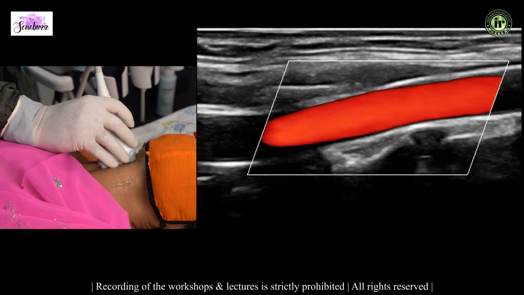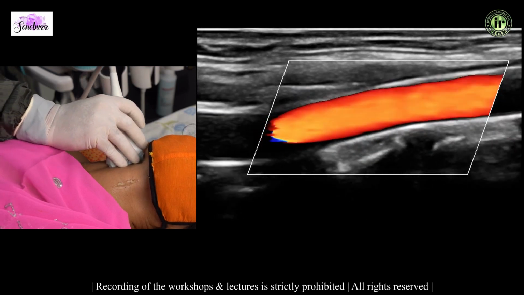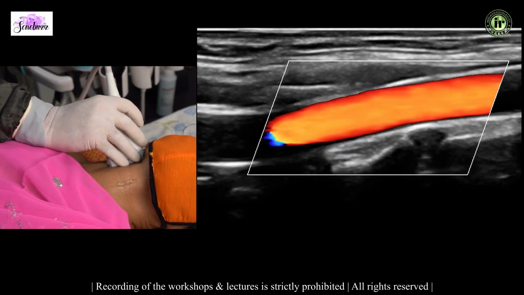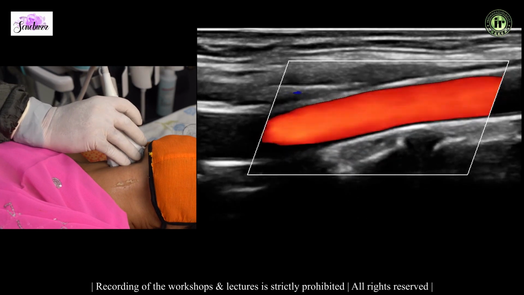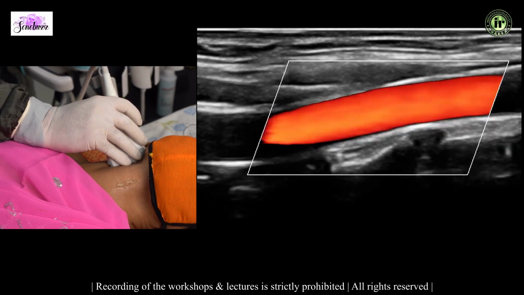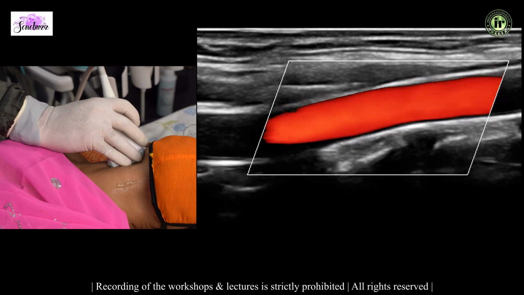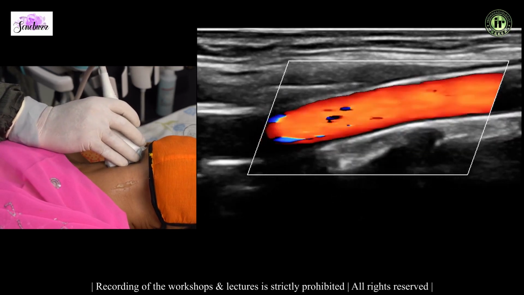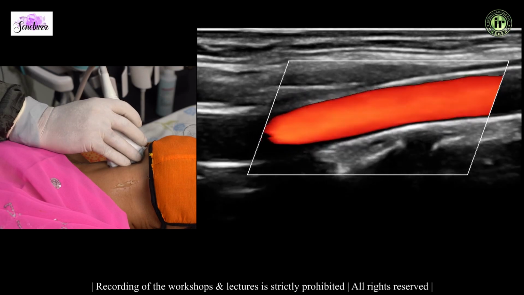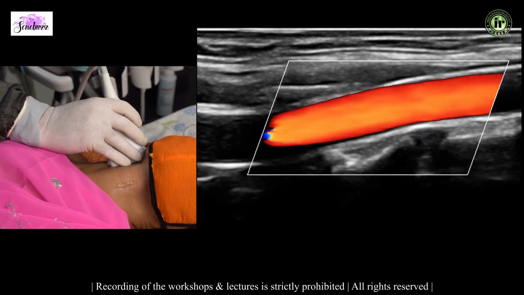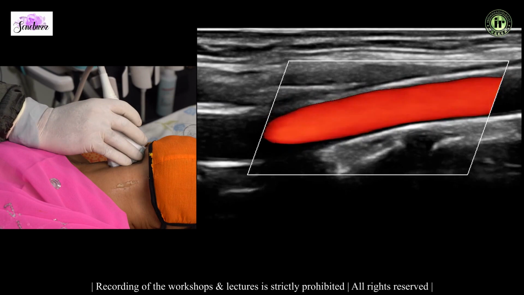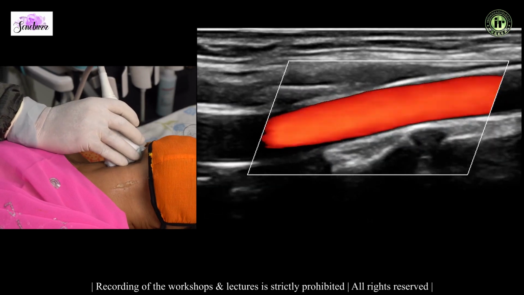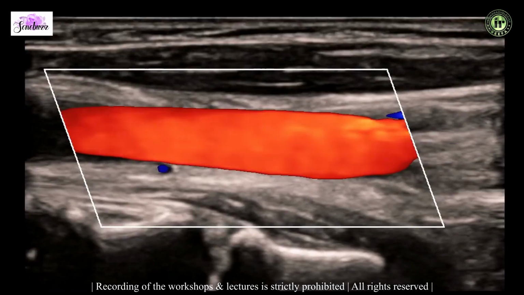This is what I need the most, a wall-to-wall flow, because sometimes type 1 plaques which are entirely hypoechoic may be missed on B mode because they are so absolutely of the same echogenicity as that of the lumen. But color will actually identify the plaque, and color helps you to identify the length of the plaque.